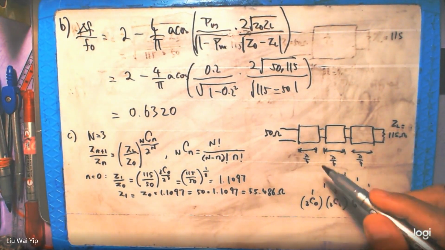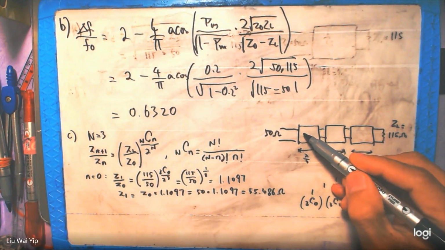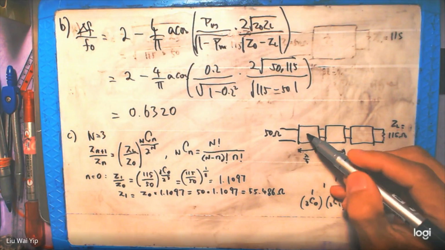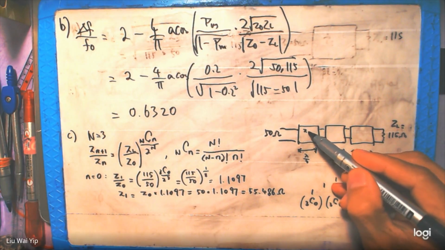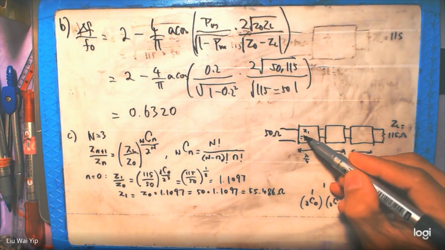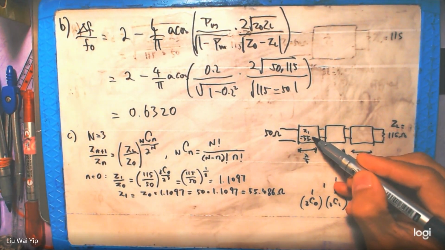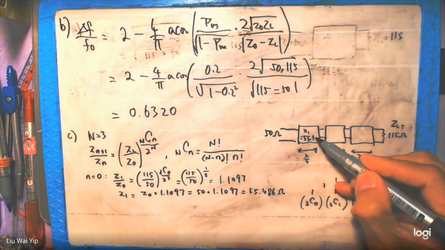So this means if this is Z1, then this will be 55.49 ohm.